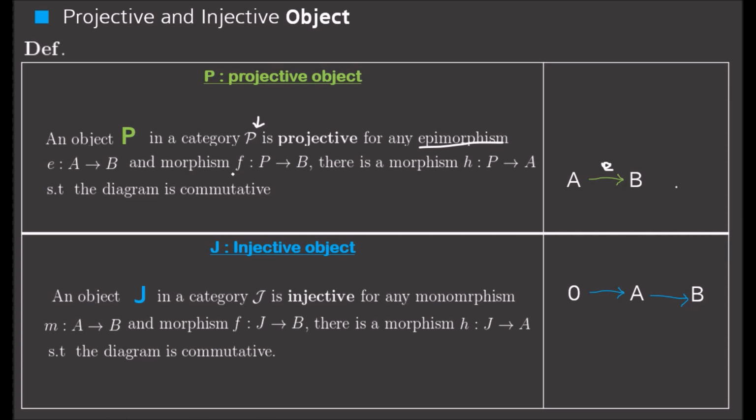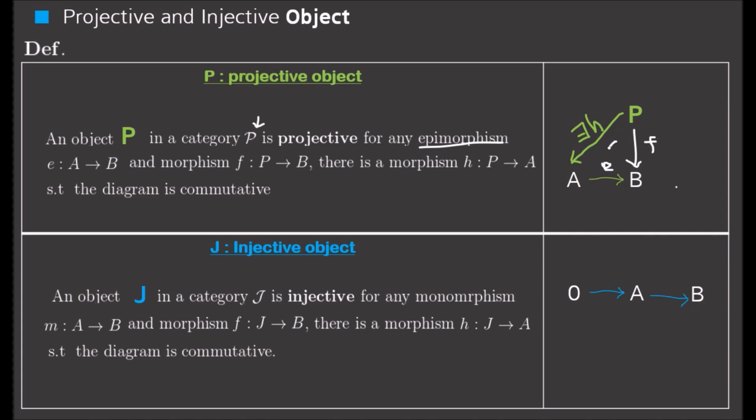And for a morphism F from P to B, there exists a morphism H from P to A such that the diagram is commutative. What does that mean? From the definition, F is this morphism.